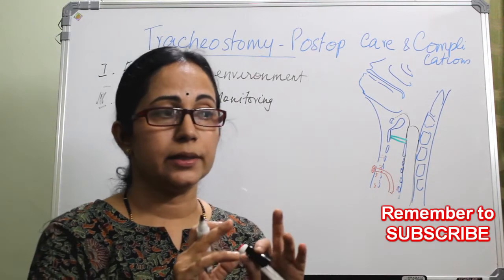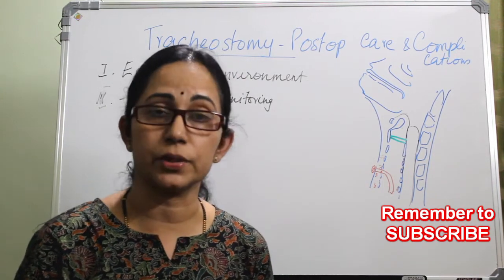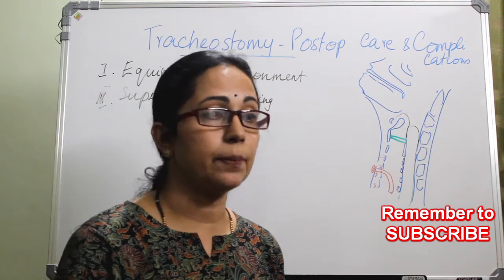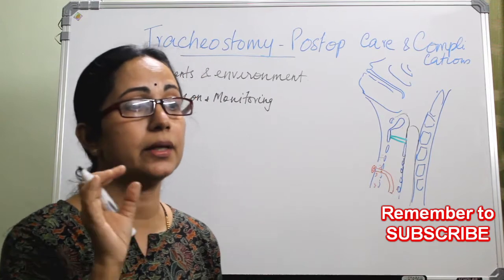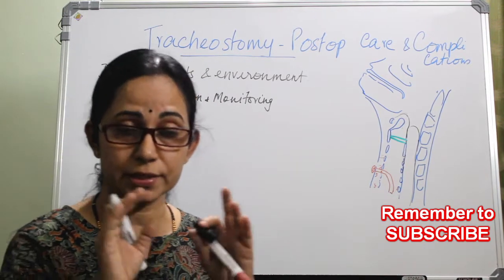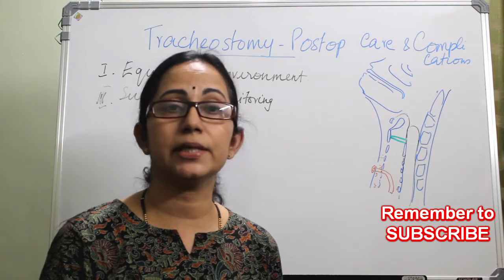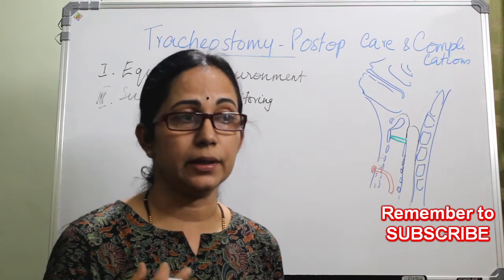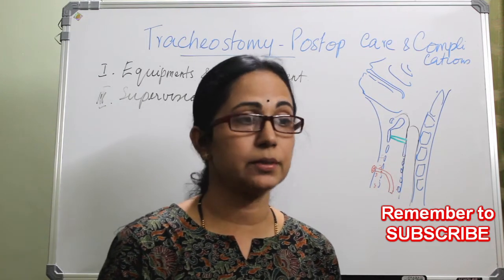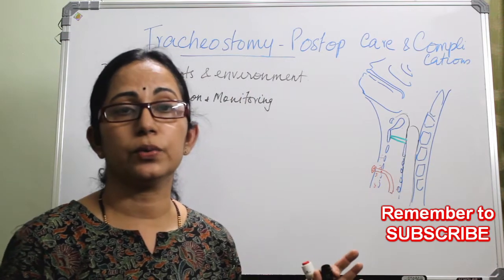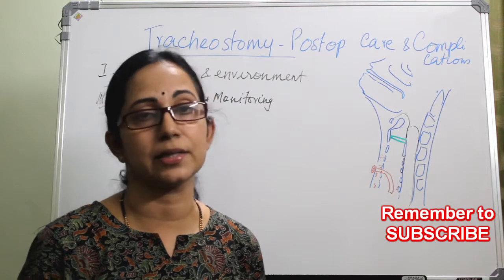Okay, and it is better to keep a chart of the indications of tracheostomy, the type of tracheostomy tube, and also the length and the inner diameter and the outer diameter of the tracheostomy tube, and keep it near the patient bed. So it will be easy in an emergency situation while changing the tracheostomy tube. That is important. And this monitoring is of very much importance in case of children, pediatric cases.